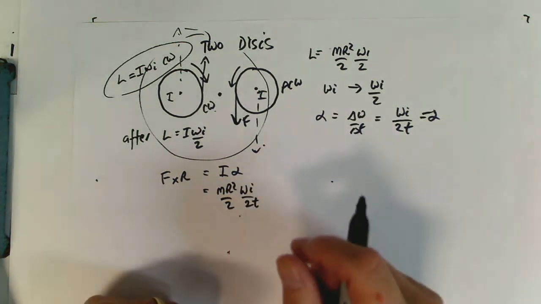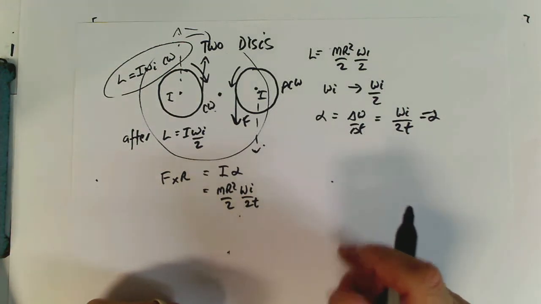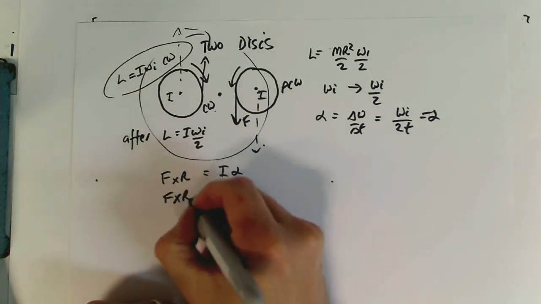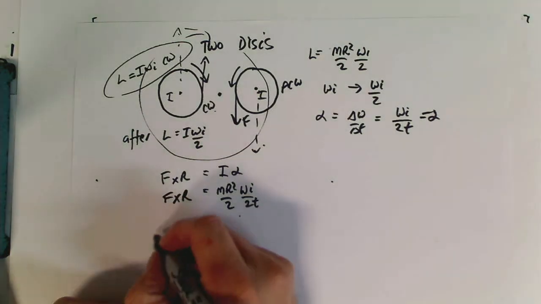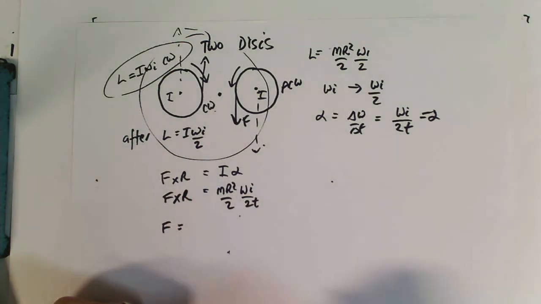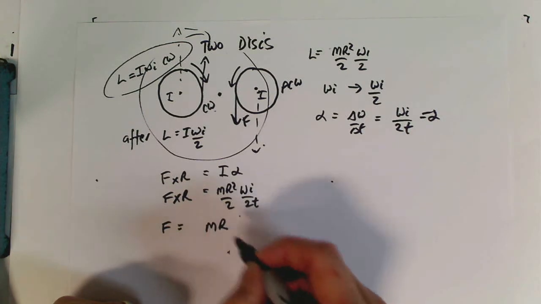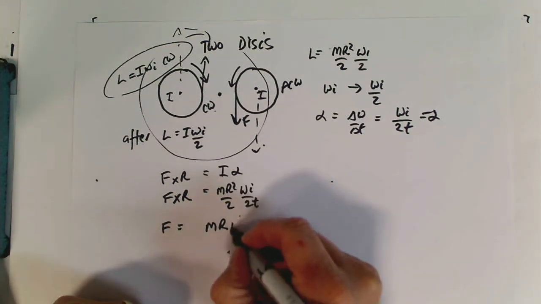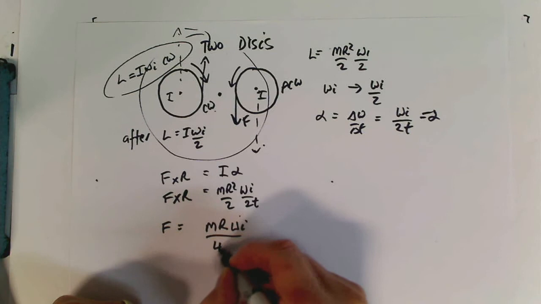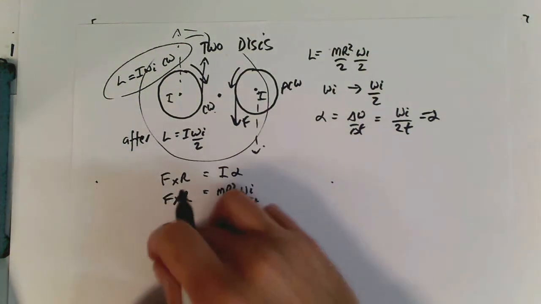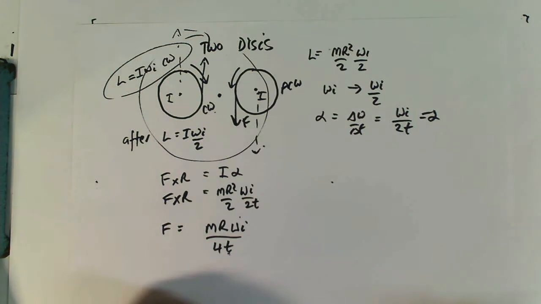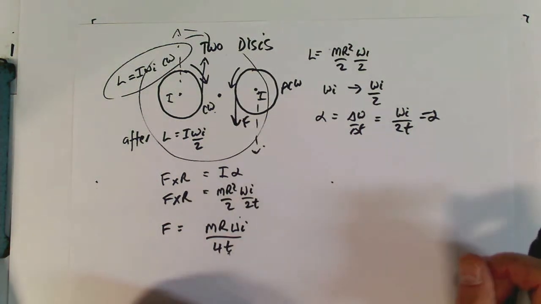Okay, so looking at that so far, let's just smooth things out a little bit, and we've got the force must be equal to mr, because the r is cancelled, omega I all over 4t. Right? So looking good so far. We've got what should be the force acting on each disk. Remember, this is just on one disk.